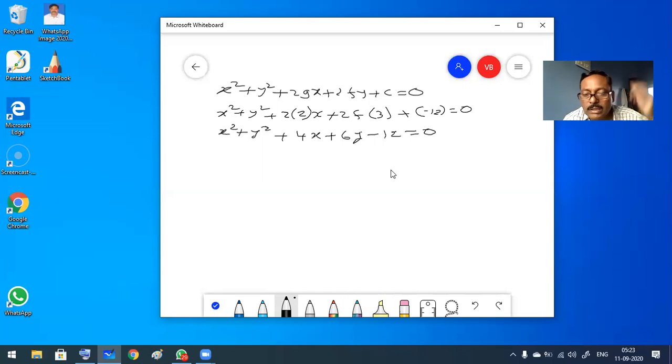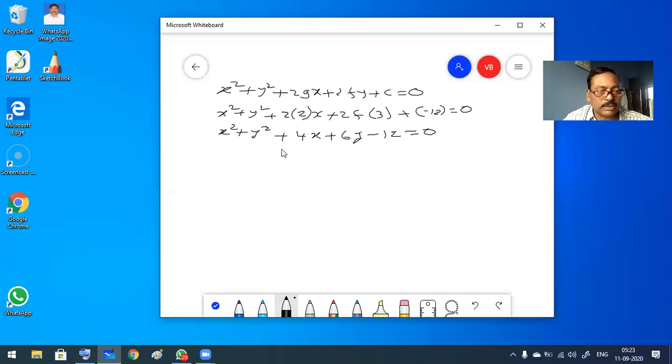So in the question we have a fourth point. If this fourth point is also on the circle, then the 4 points are concyclic. Okay, we can declare that all the 4 points are concyclic. So now substituting the fourth point in this circle.